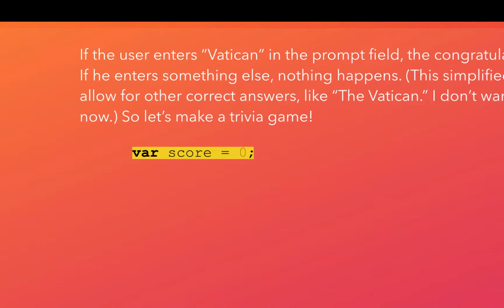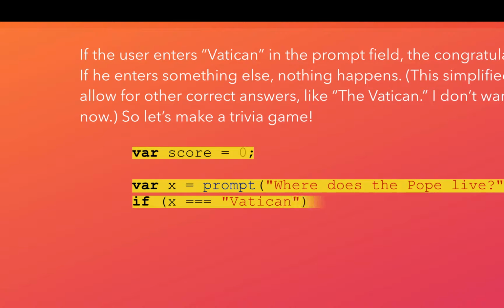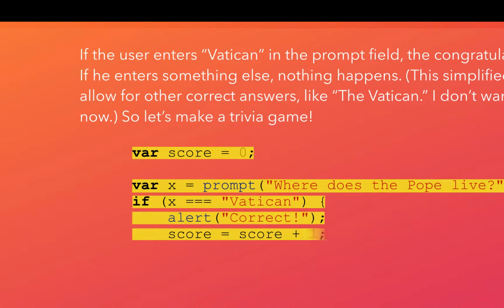All right. So let's actually build a fun trivia game with just the few things we've learned today. I have a variable that holds my score, which starts off as 0. Then I ask a question like, where does the Pope live? If they answer the Vatican correctly, then what do I do to the score?